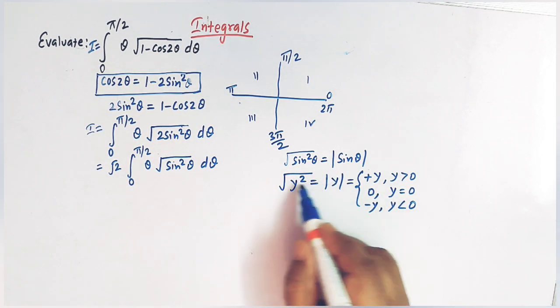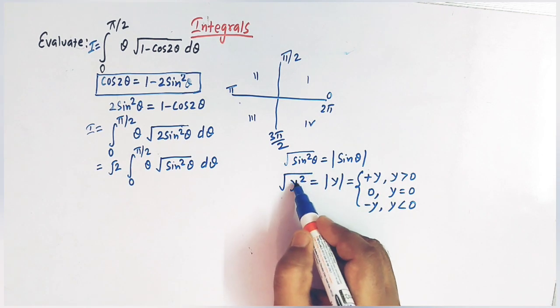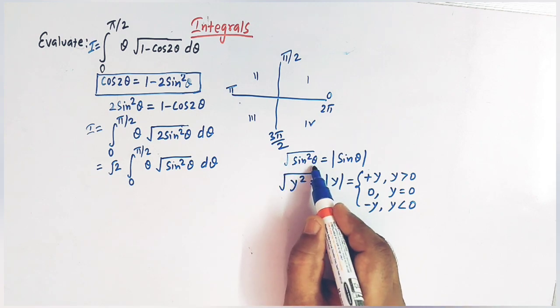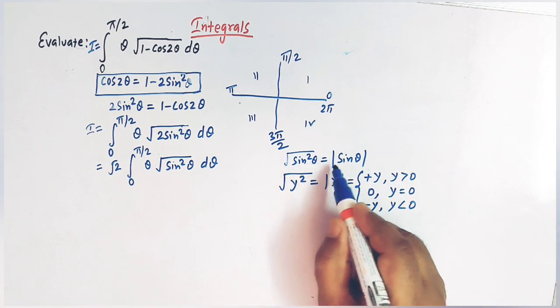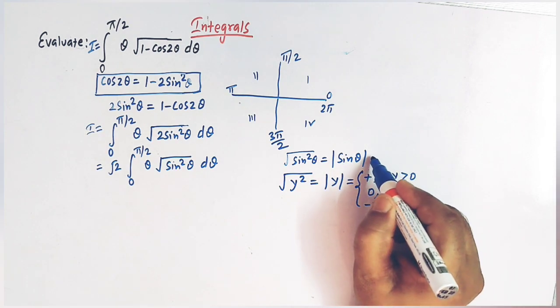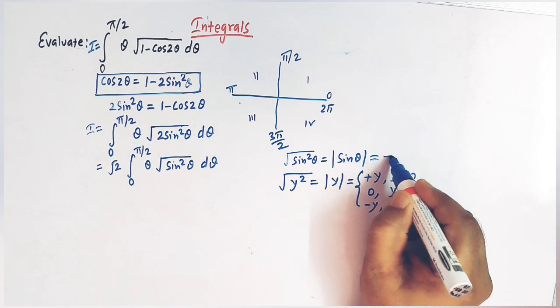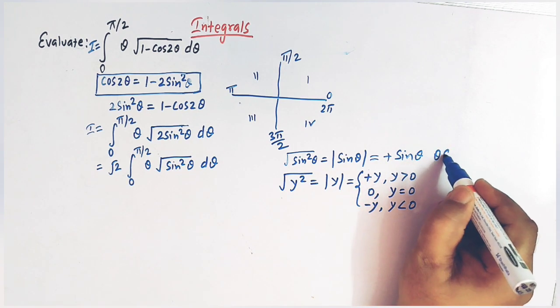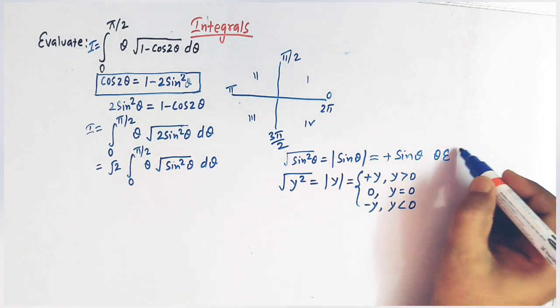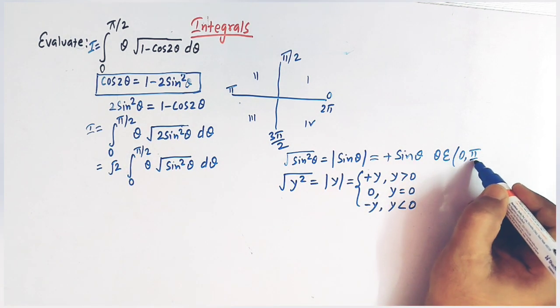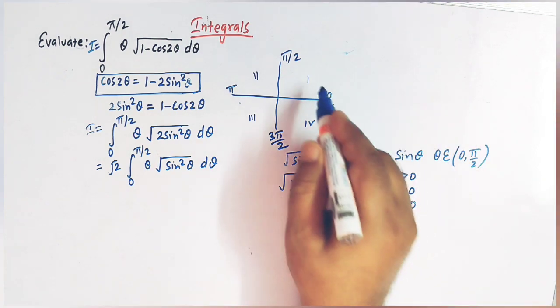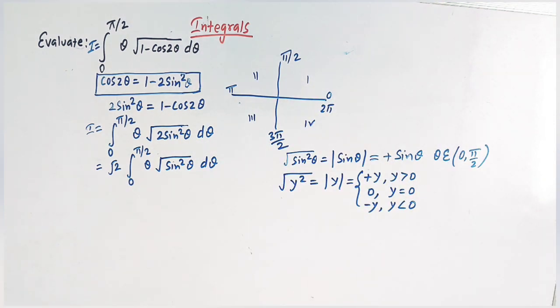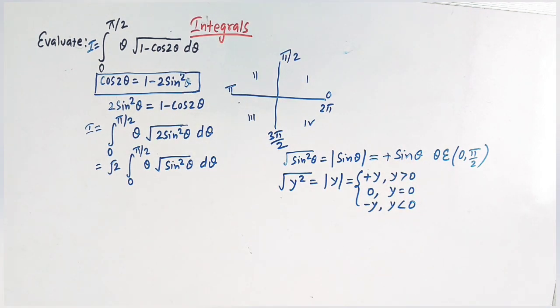So mod of y is defined as square root of y square, right? And here we have square root of sine square theta. So square root of sine square theta should be written as mod of sine theta, and mod of sine theta is positive sine theta when theta belongs to 0 to pi by 2, right? Because 0 to pi by 2 represents the first quadrant, and in the first quadrant the sine theta function is positive, right?